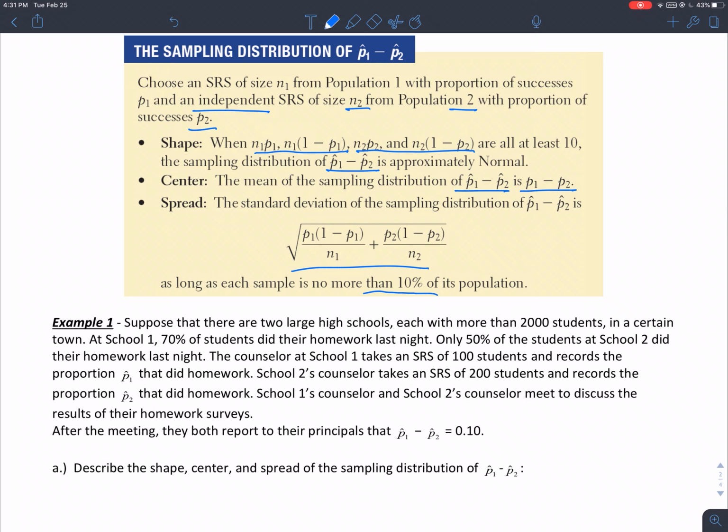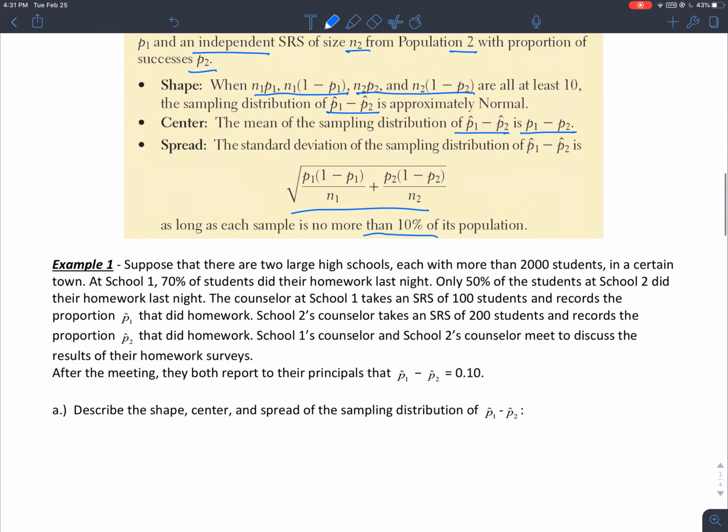School 2's counselor takes an SRS of 200 students and records the proportion p hat 2 that did their homework. The counselors meet to discuss the results of their homework surveys. After the meeting, they both report to their principals that the difference in the sample proportions was 0.1. So describe the shape, center, and spread of the sampling distribution.